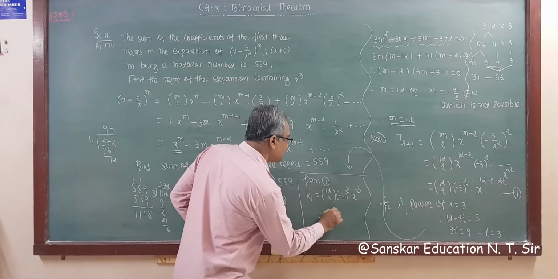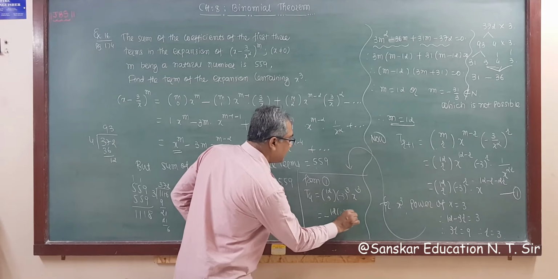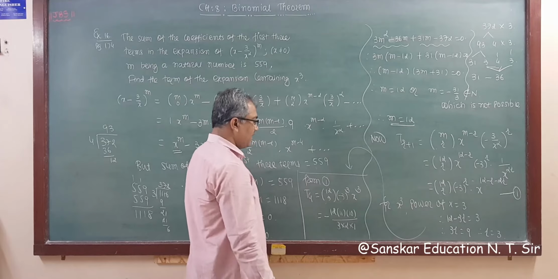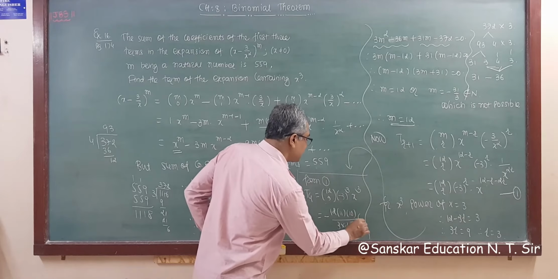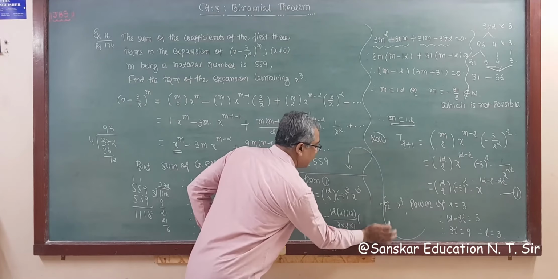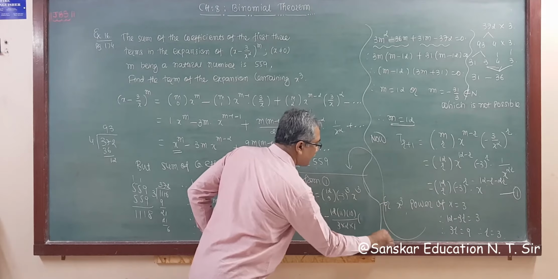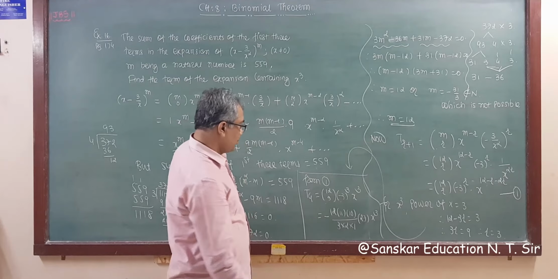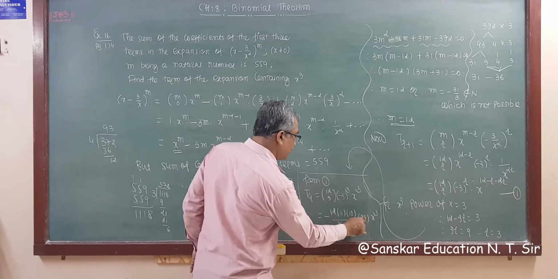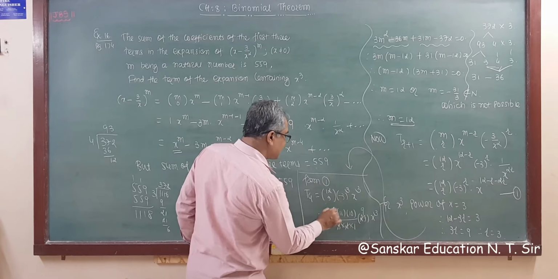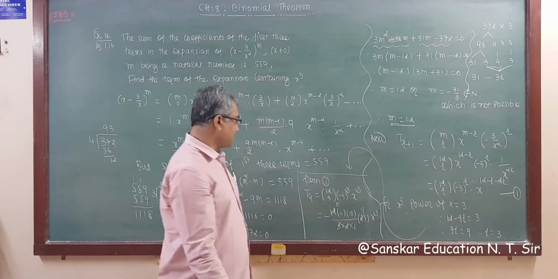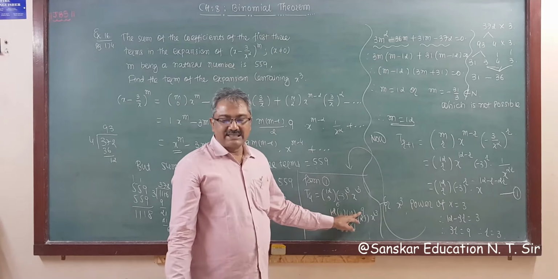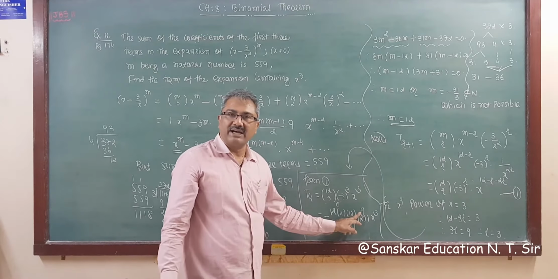So 12C3 is 12 into 11 into 10 divided by 3 factorial, and minus 3 cube is 27. So this is 27x cube. So this is 3 into 9 and this is 6, so 660 into 9. 660 into 9 is 5940.